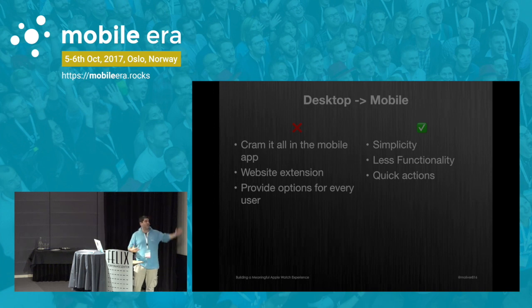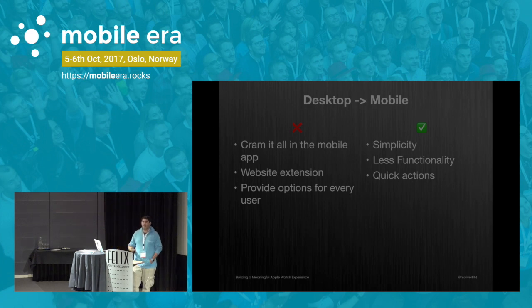There were so many people who wanted to do all the wrong things on the left, who tried to take their entire website and just cram everything into the mobile app, tried to take their entire desktop app and just cram it all into an iPhone or an Android app or even a BlackBerry app if you go back that far. And everybody was looking to really solve every problem for every user out there.